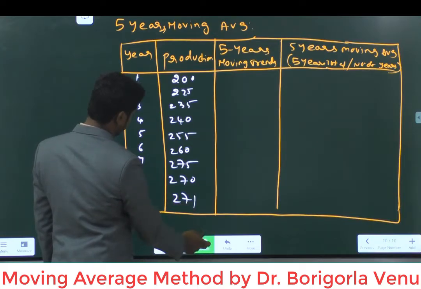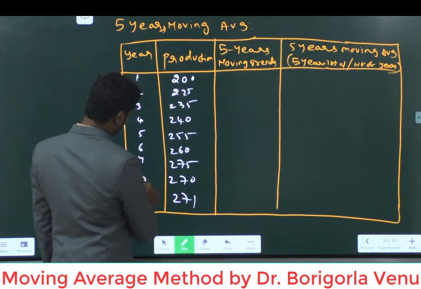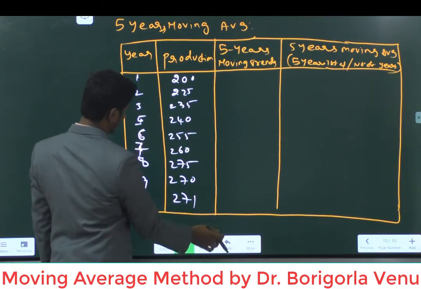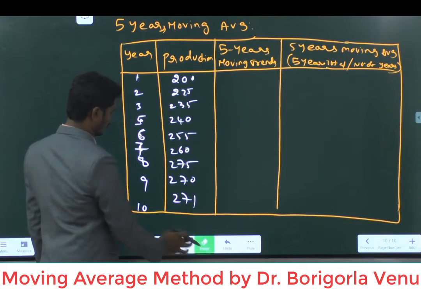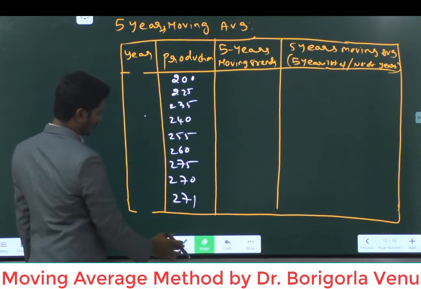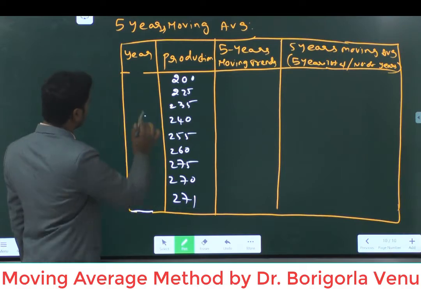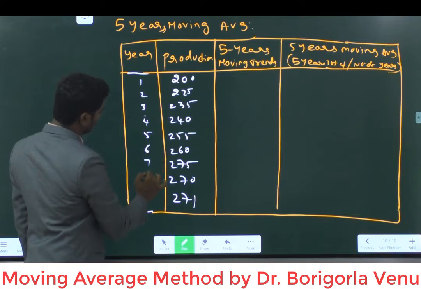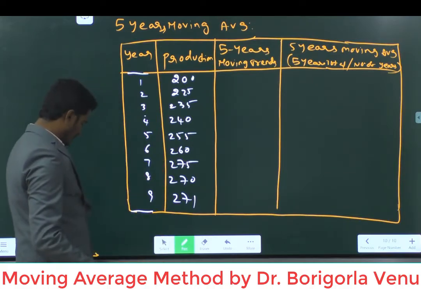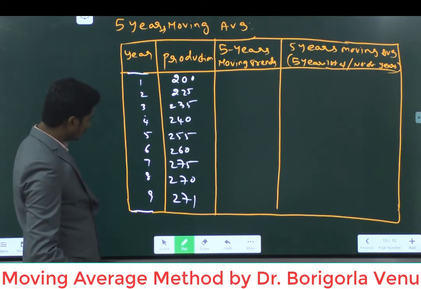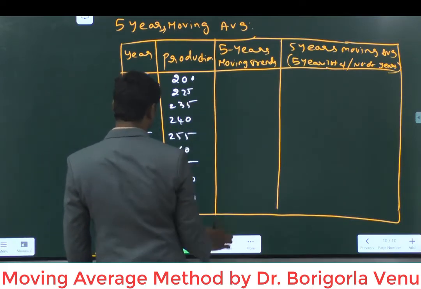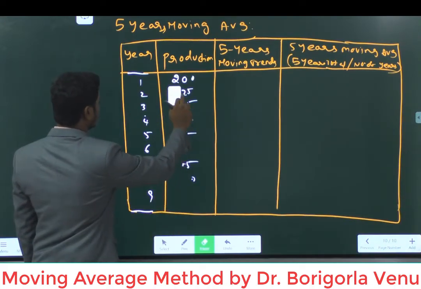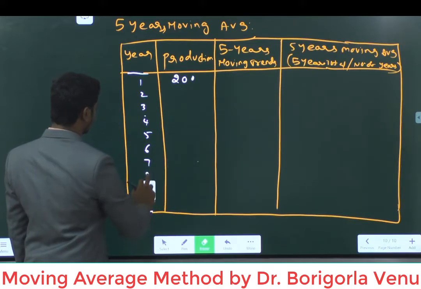Here we are going to take this 9 years average and calculate based on it. The first year is 200. Okay, so here I made a mistake and missed a value, so I am going to retake the values.